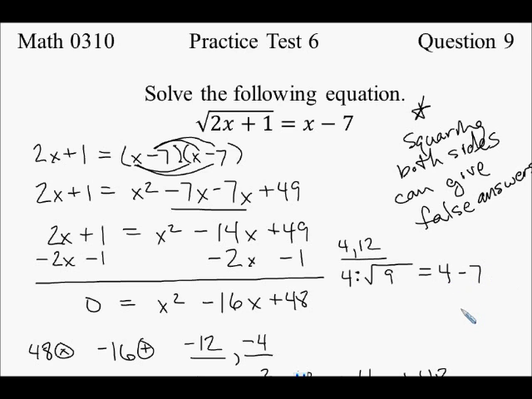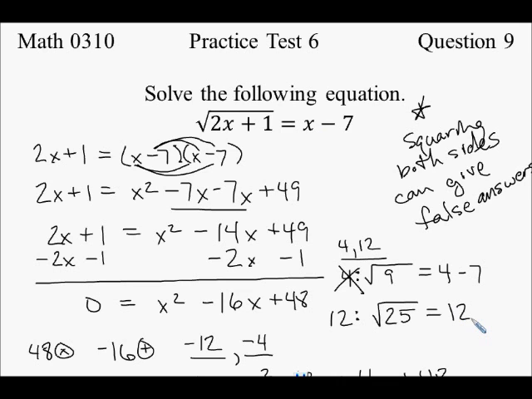So our potential answer of 4 does not check, so 4 is not an actual answer that we want to say would be a good answer for this problem. So now we check our potential answer of 12 here, checking 12. So if we plug in 12, we'd get 2 times 12 underneath, which would give us 24. And 24 plus 1 would give us square root of 25, so we'd have 25 under there, equals, x is 12 again, so 12 minus 7 here on the right-hand side.